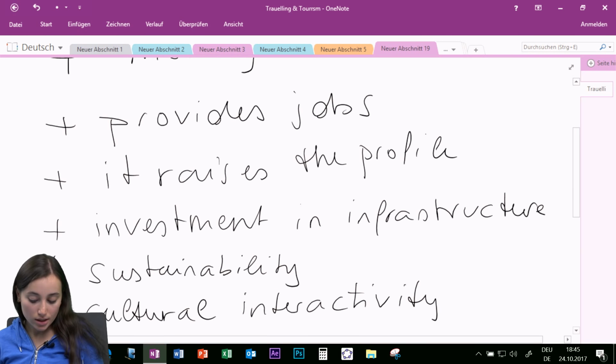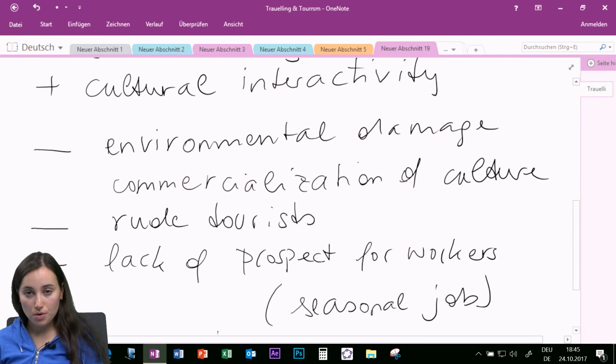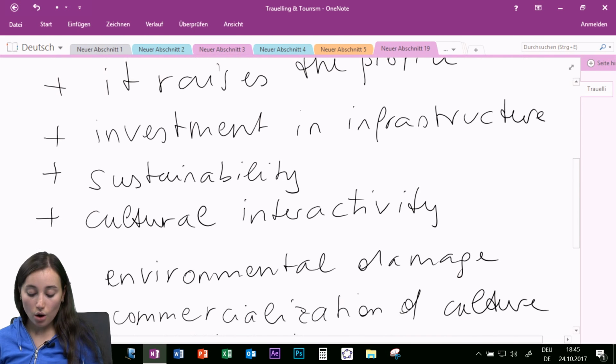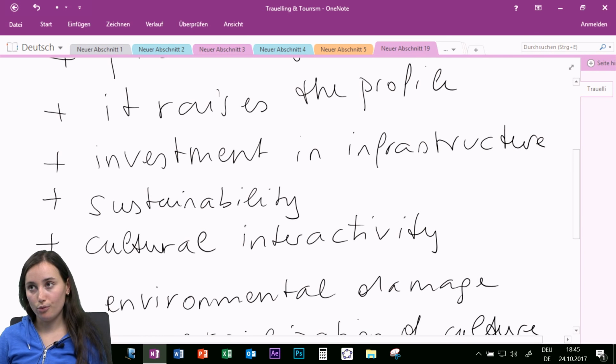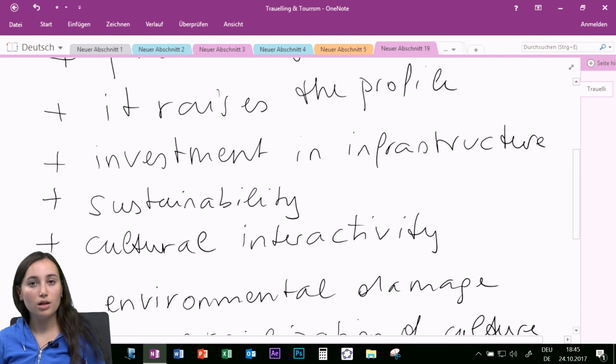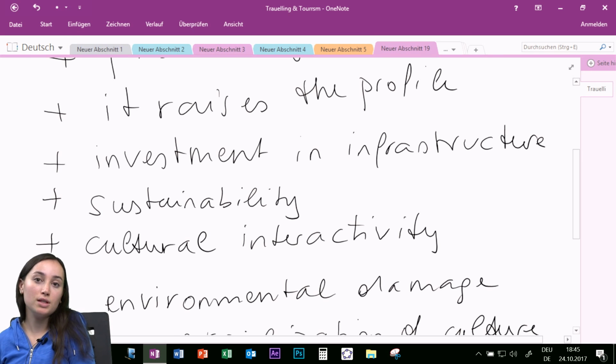Then it raises the profile, with which argument could we use that? Although tourism raises the profile and in general the image of a specifically visited area, it also creates a lot of environmental damage.